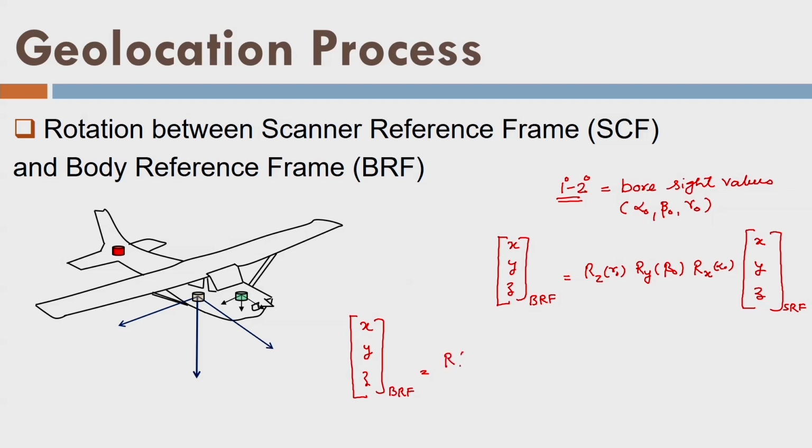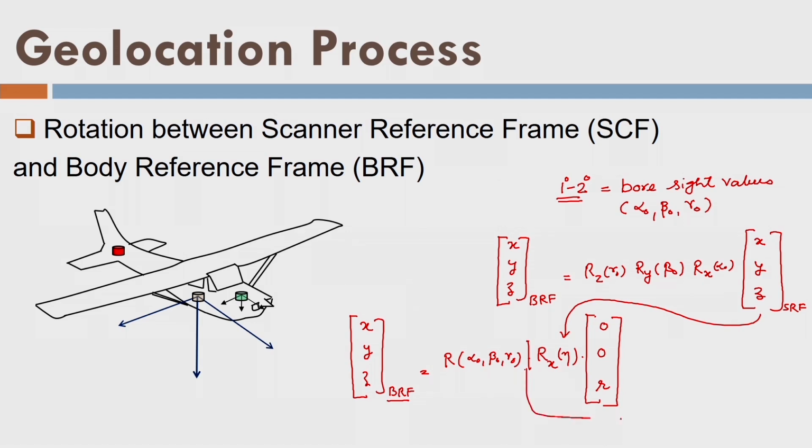I am writing it in a combined form, the complete single matrix alpha 0, beta 0, gamma 0, and then I am expressing Rx eta into 0, 0, r. So, this is the coordinate of the laser pulse in the body reference frame. You can put this value here, this complete value, which is the scanner reference frame coordinates. So, we have converted the coordinate of point P to the body reference frame.